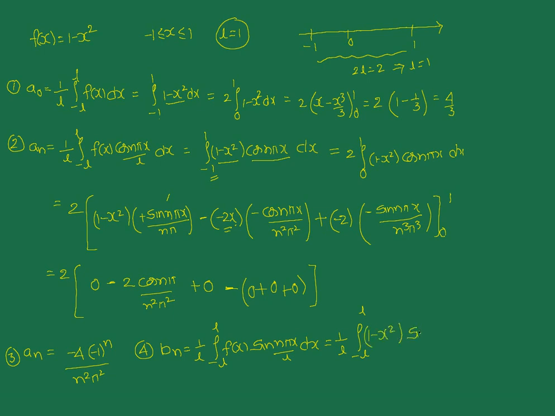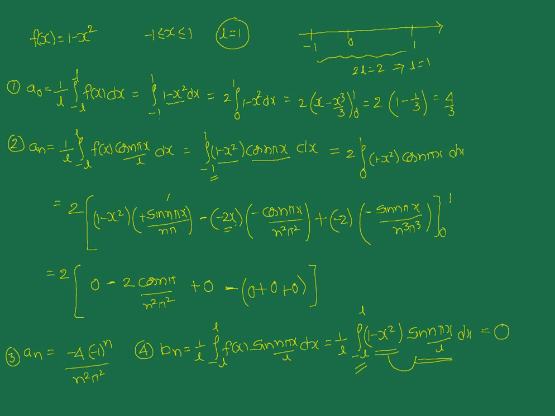So sin n pi x by L is which type of function? Odd function. 1 minus x square is an even function. Even into odd, you will get an odd function. An odd function between the limits minus L to L is 0.